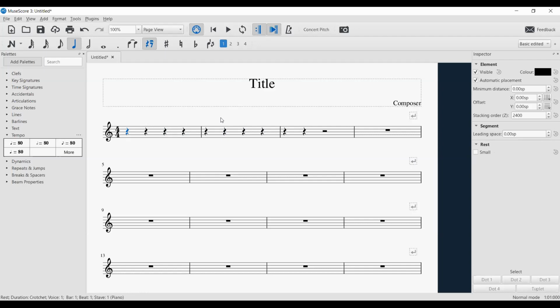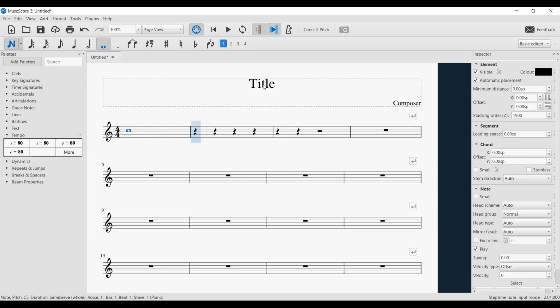So what we have looked at, we talked about the whole notes, the semibreves, and things like that. So what I'm going to do is I'm just going to say new. There.